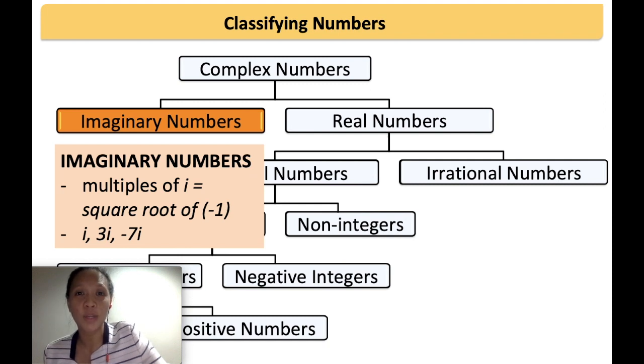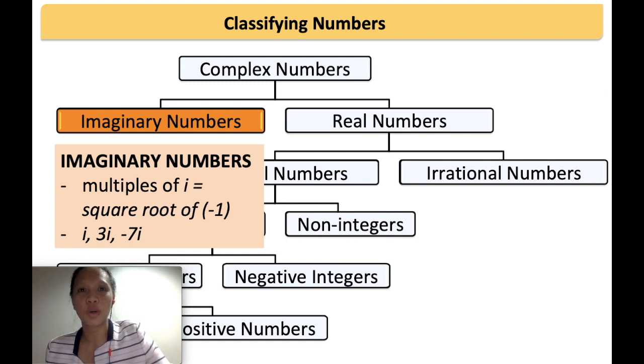So, these are the numbers na multiples of i. What is i? i is equal to the square root of -1. So, examples of this are i, 3i, -7i, or ano pa ba? 3 times square root of -5. Okay, those are our imaginary numbers.